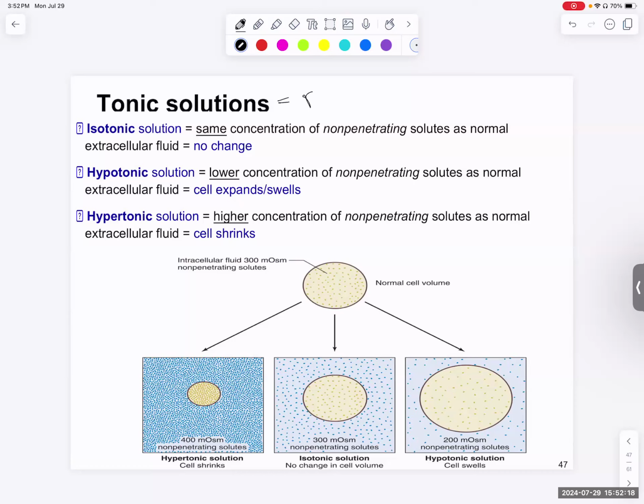Tonicity is relative to the inside, or intracellular fluid. So if it's isotonic, it's the same as the inside of the cell. If it's hypotonic, it means it has less concentration outside than inside. And if it's hypertonic, it's going to be higher than inside the cell. So it's a higher concentration in the extracellular fluid.